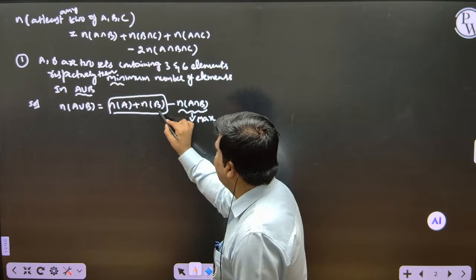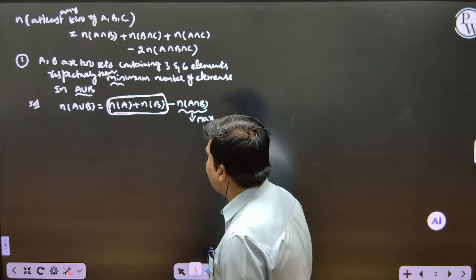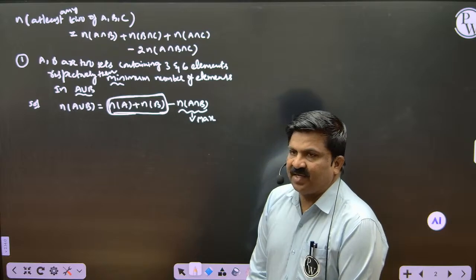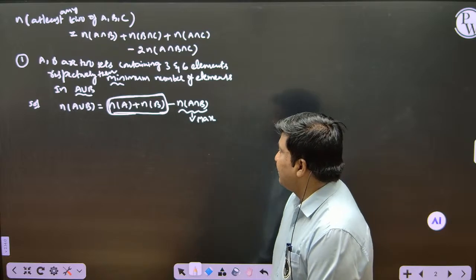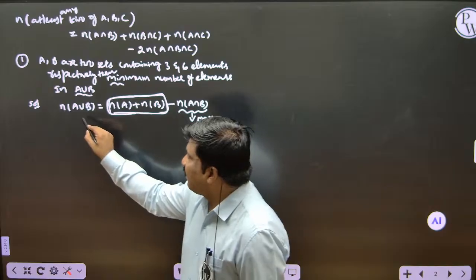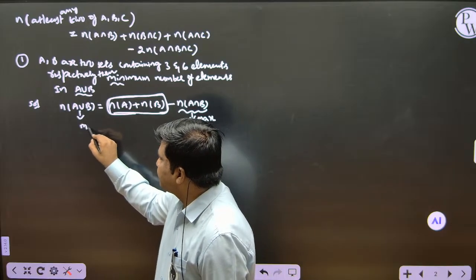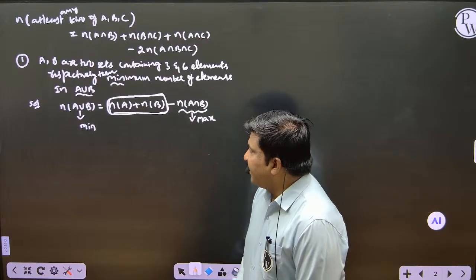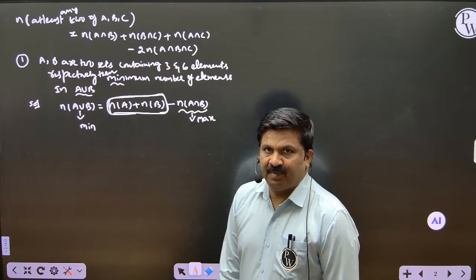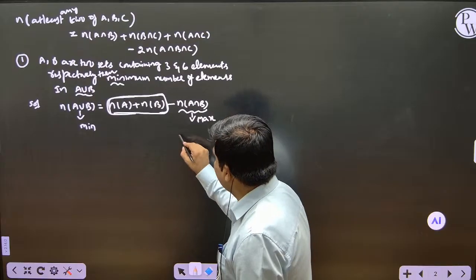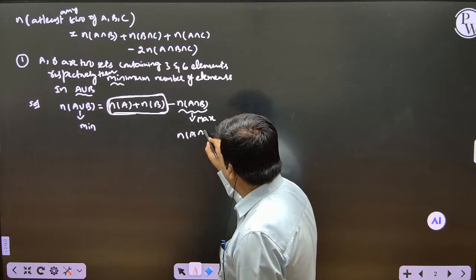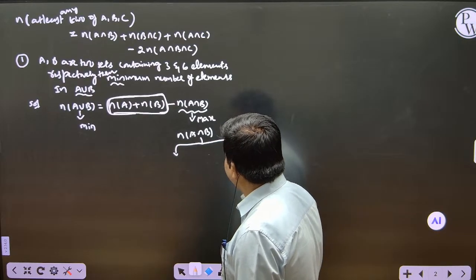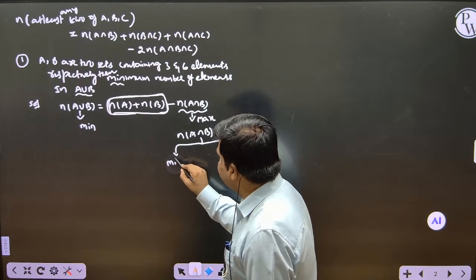From this sum, if the subtracting part is maximum, then this part is always a minimum. That's why you must know the minimum value of n of A intersection B and the maximum value of n of A intersection B.